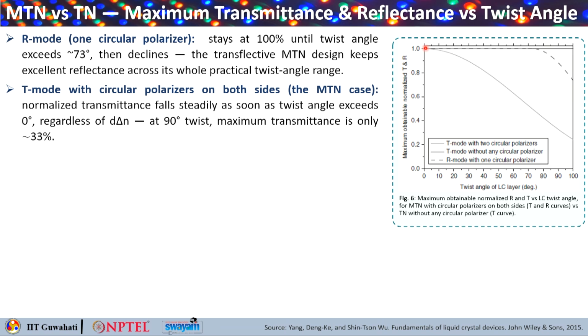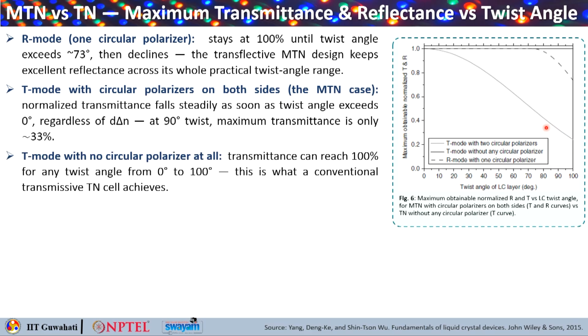So you can see that the transmittance basically falls steadily as soon as the twist angle exceeds 0 degree, regardless of the d delta n, and at 90 degree the transmittance is only around 33%.